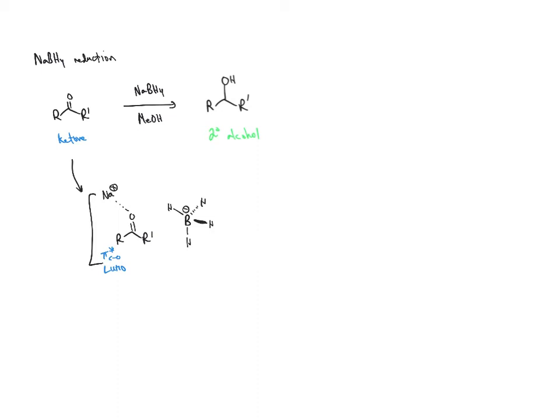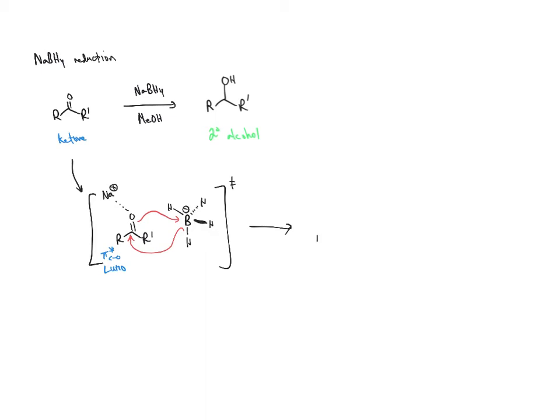It's negatively charged. And what's going to happen is it's going to react one of those boron-hydrogen bonds towards the pi star C=O. It's going to then break the pi bond, and it's going to make a bond back to boron. All right, so this is a transition state, and notice I'm not using equilibrium arrows here, I'm just using a regular forward arrow, and we'll get to why this is the case in a second.